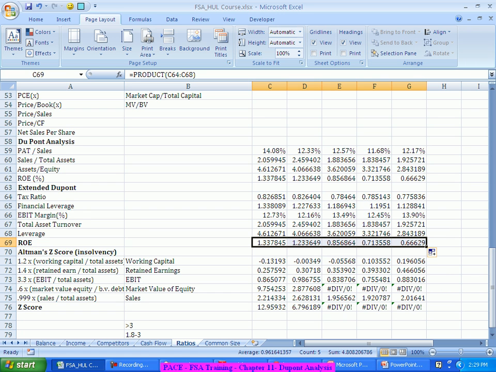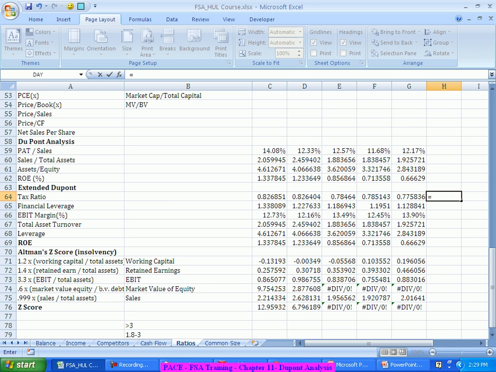In this case, the ROE has dropped almost by 50%, half, because all these 5 have dropped in some form or the other. So my focus should be on understanding which of them has dropped significantly. I will take the percentage difference. Which of them have dropped significantly during the period?